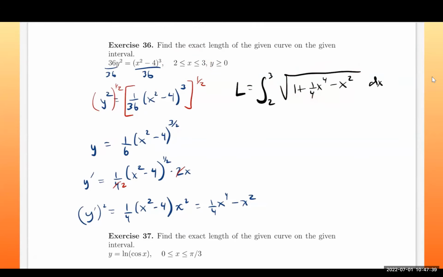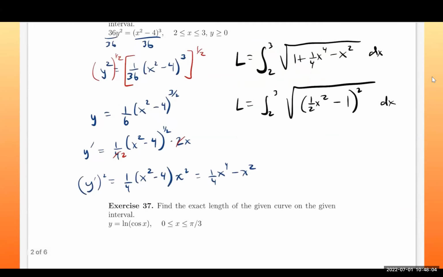Most of the time, if not all the time, if you have 3 terms, a trinomial, then you're going to be able to factor it into a perfect square binomial. So we can factor that. If you factor that, it's going to turn out to be 1/2 x squared minus 1 to the second power.